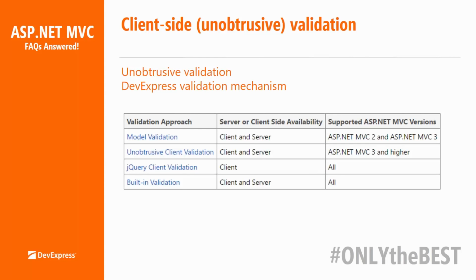But with the validation, there's a whole bunch of JavaScript being rendered in, so with version 3 of MVC, they decided to use specific HTML5 attributes to define the validation rules. So it all looks nice again, and it looks pretty clean. It works on the client as well as on the server, so that is important.